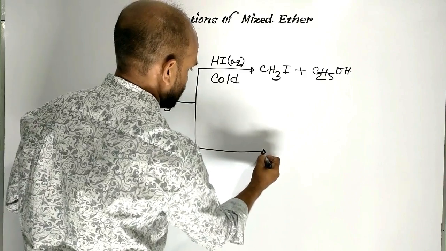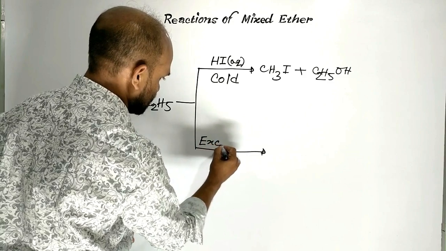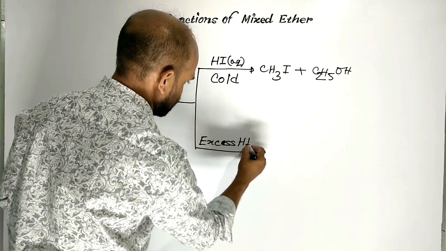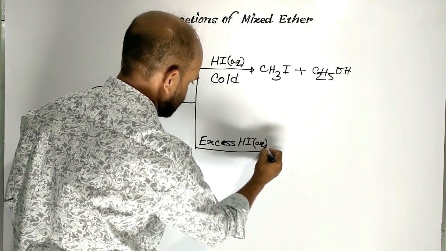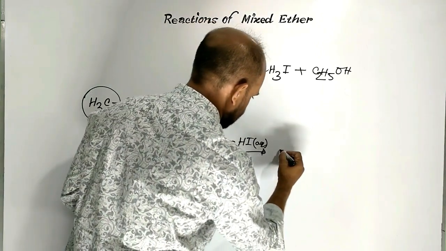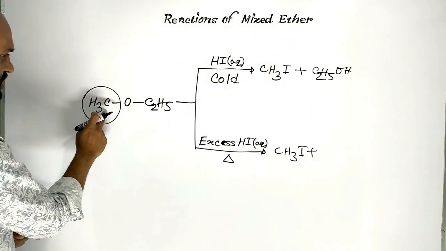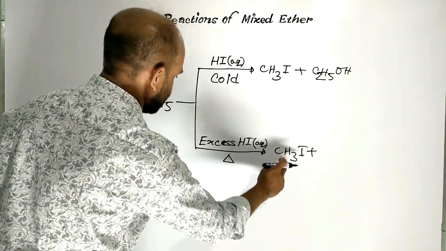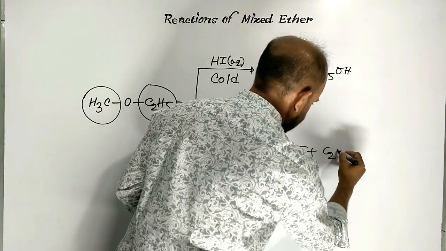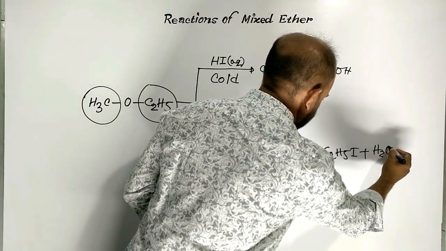But when this is treated with excess hydroiodic acid, and the reaction is conducted by heating, then we get methyl iodide, that is methyl with iodide ion. At the same time, we get ethyl iodide, and water is formed as byproduct.